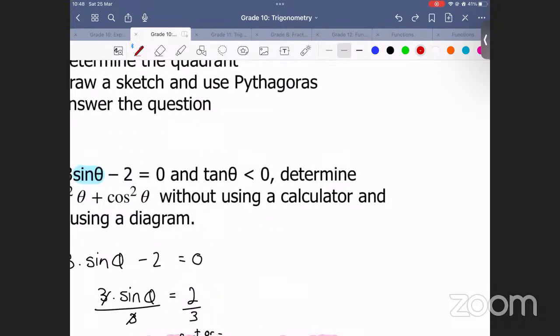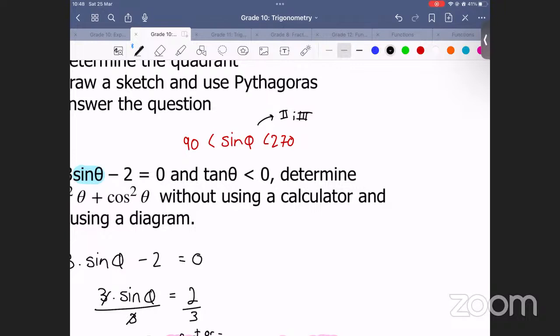Sometimes there's an interval given. They might say theta is greater than 90 but less than 270, which gives you the option of either quadrant 2 or quadrant 3.